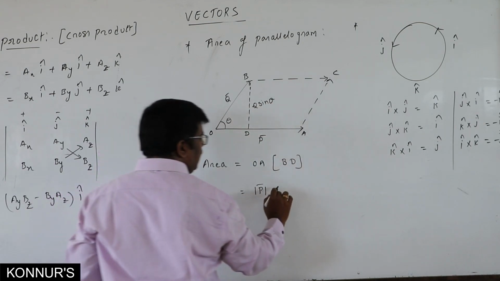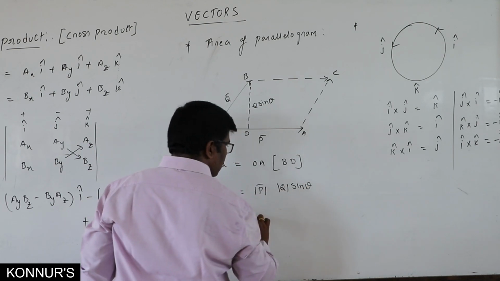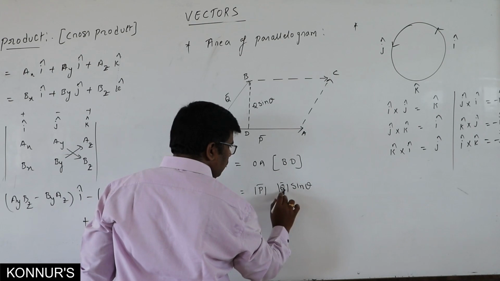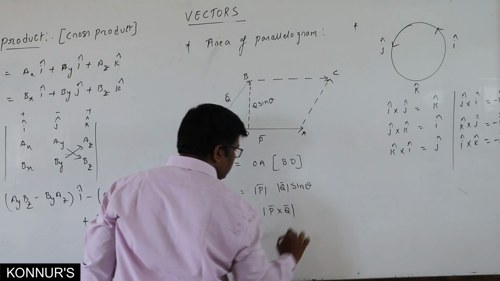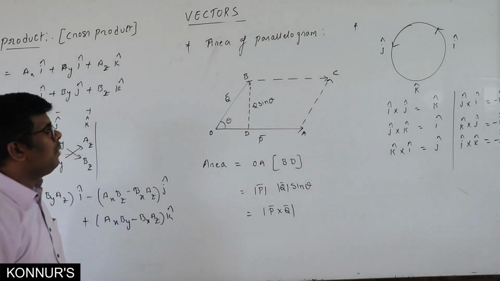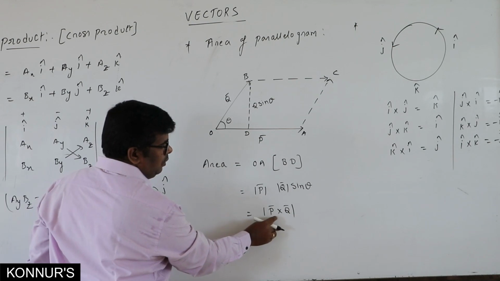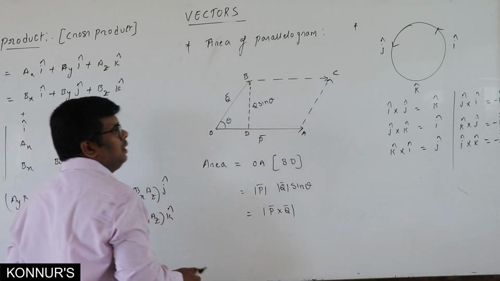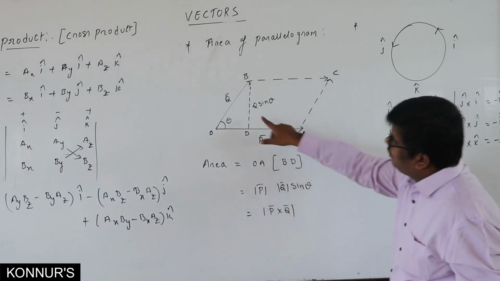So the area is P Q sin theta, which is the modulus of P bar cross Q bar. So the area of the parallelogram is the magnitude of the cross product of two adjacent vectors, that is, in terms of sides.